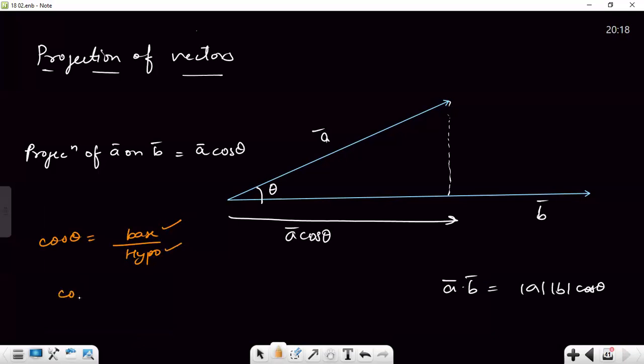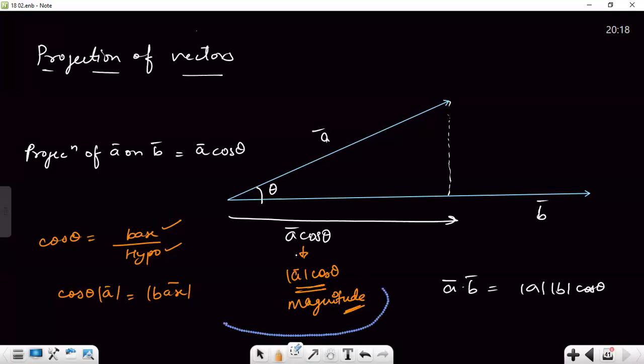So cosine theta into hypotenuse, which is actually A modulus, is equal to the base vector's modulus. So its magnitude is this. We only have the magnitude. That is what we are finding out here.